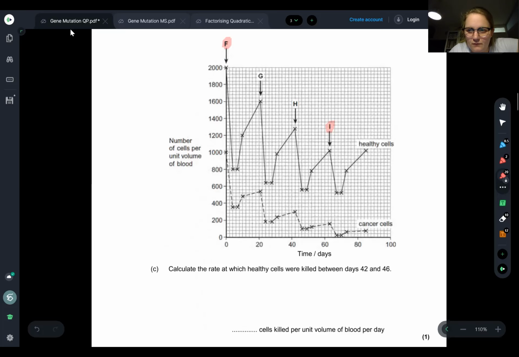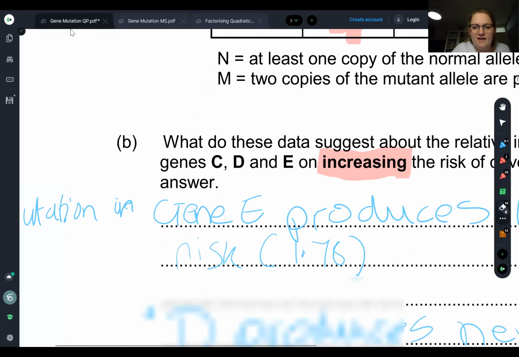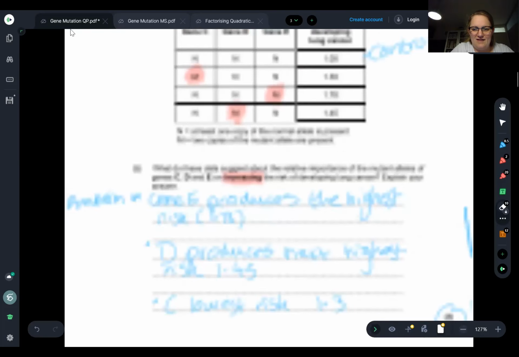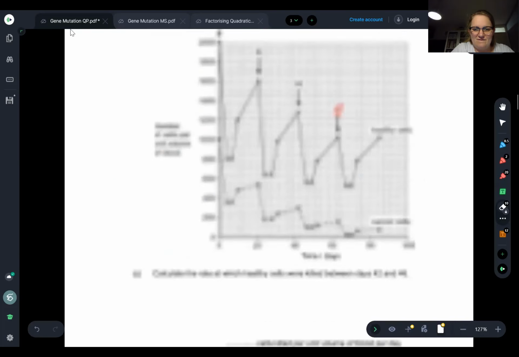So what would be important in this situation is to find days 42 and 46. I have made that way too big now. I'm having a nightmare with this today, making sure it's a sensible size. We are now blurred.